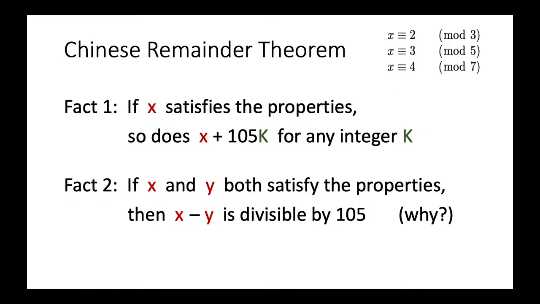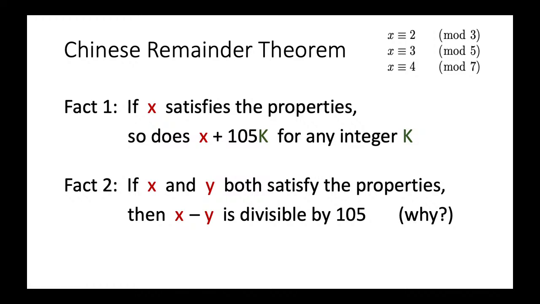Then x minus y will be equal to 0 in all of these cases, which implies that x minus y will be divisible by 105. So you need to convince yourself why this is true. I will leave this for you as an exercise.